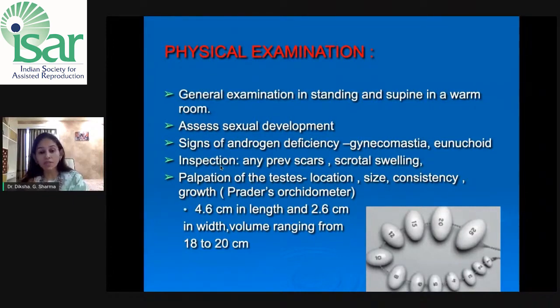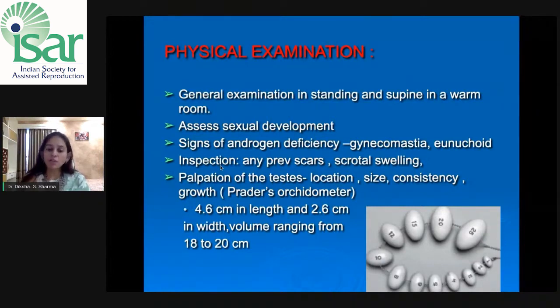Inspect locally for any scars, any scrotal swelling, whether there's any scar in the inguinal area. So you must also be examining from the inguinal area till the scrotum. Palpate the testes for the location, whether both testes are located in the scrotal sacs, and what is the size and consistency.